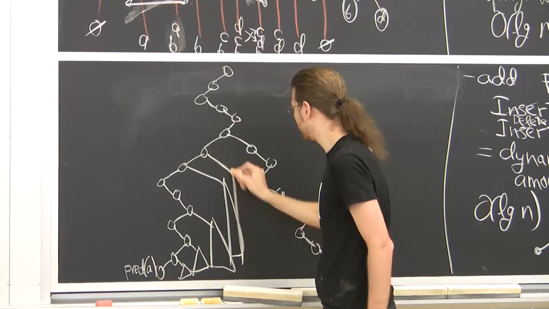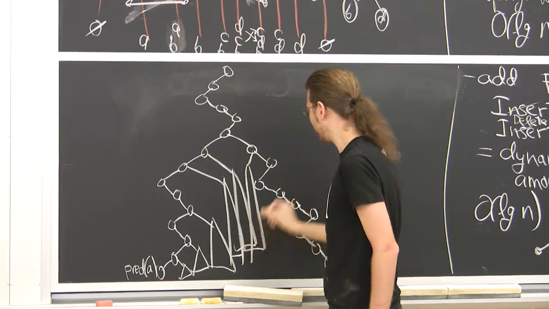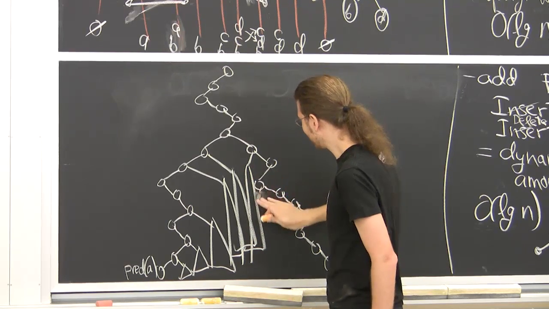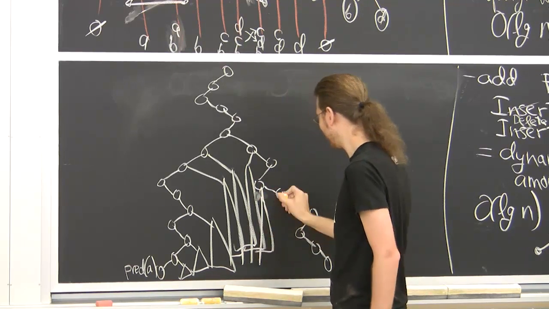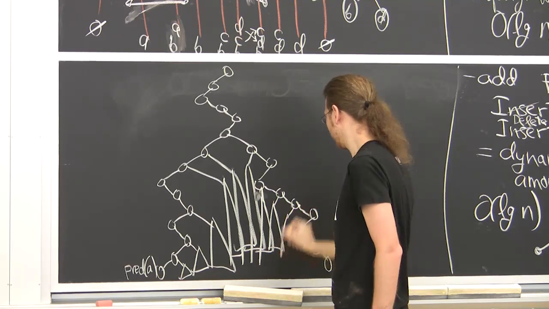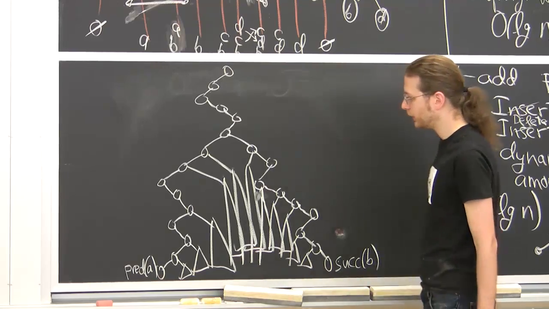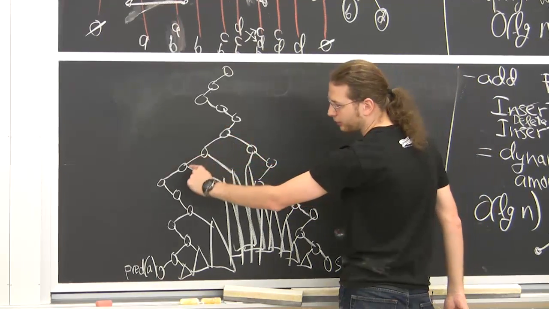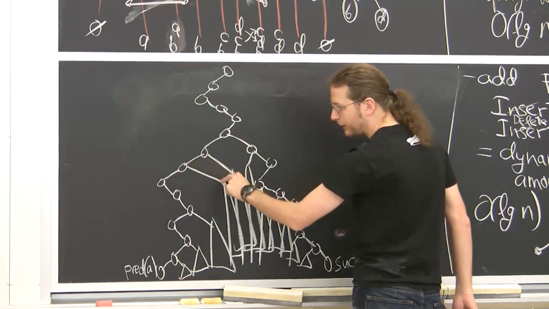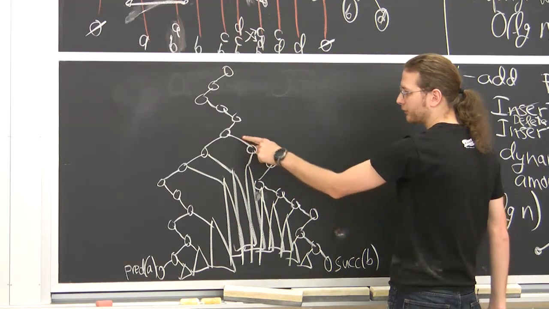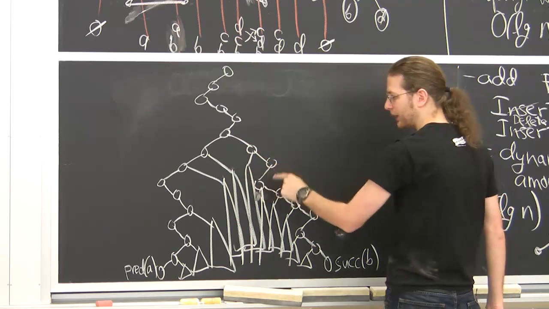I did not leave myself enough space. That's a left child. Okay, so wherever this left branch went left, the right branch is in the answer. Whenever this right branch went right, the left branch is the answer.